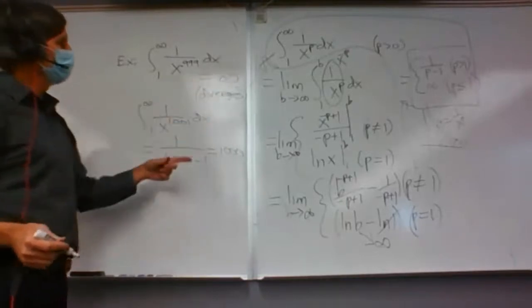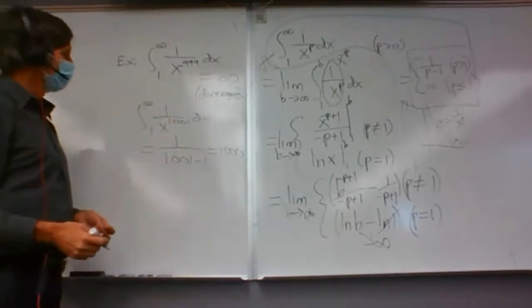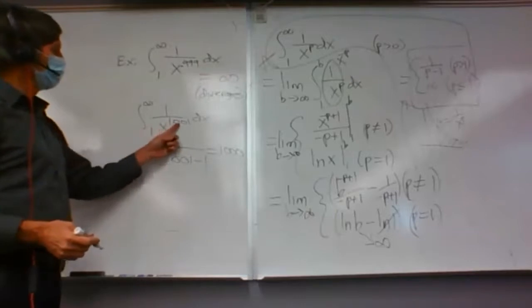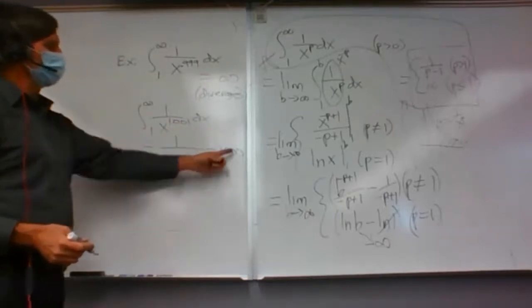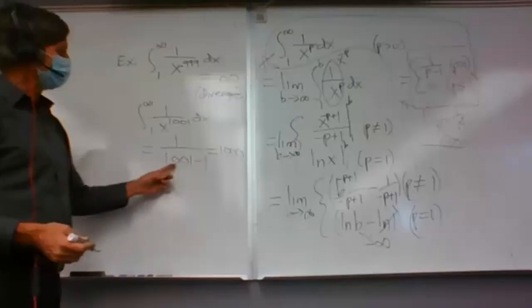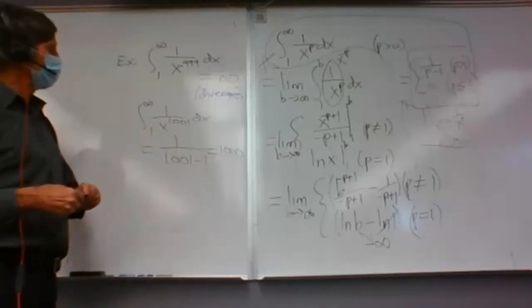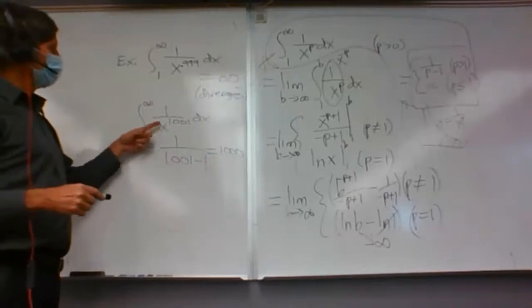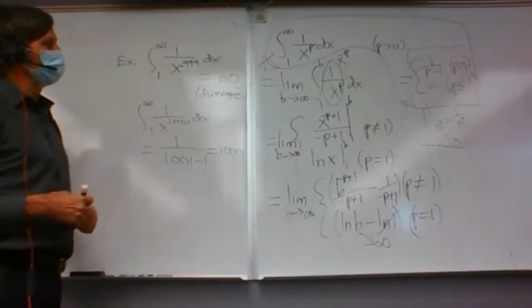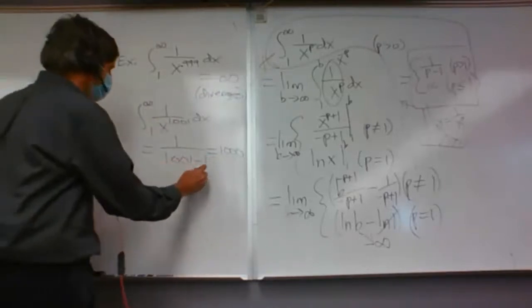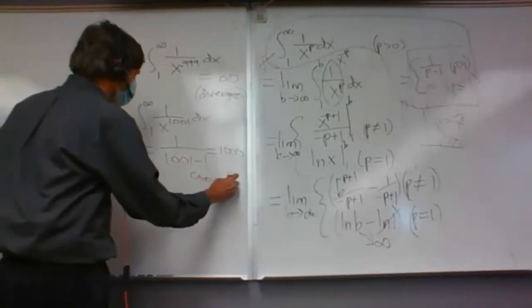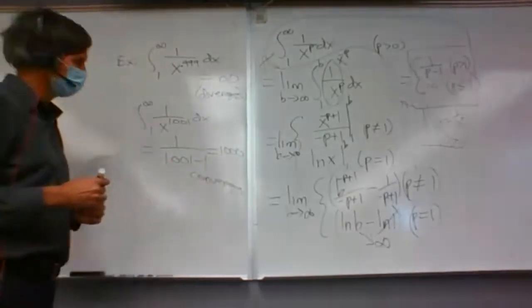When p hits 1, it first becomes infinite. I make this number real big by putting p close to 1. That's what it's telling you. You need to have the 1 over x to the p with p bigger than 1, and then it will converge because it has a finite number. Guess I'm out of time.